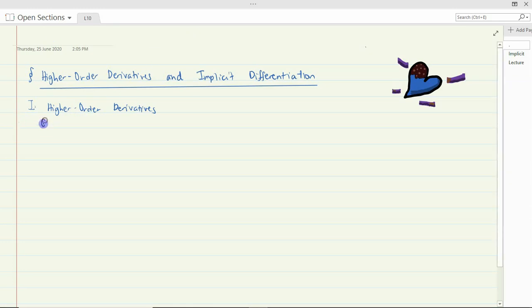So suppose you are given a differentiable function, f of x. So far, ang ginagawa natin ay kinukuha natin ang derivative with respect to x ng ating function f, which we also denote as f prime of x.